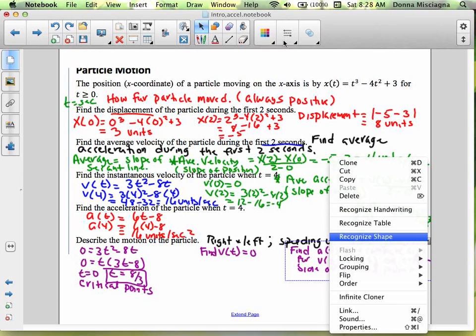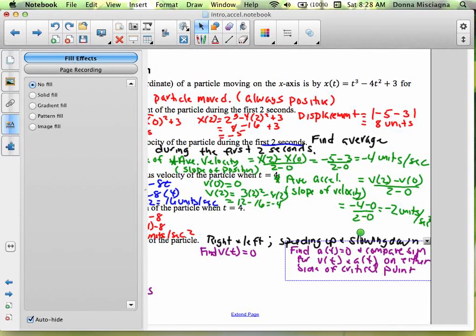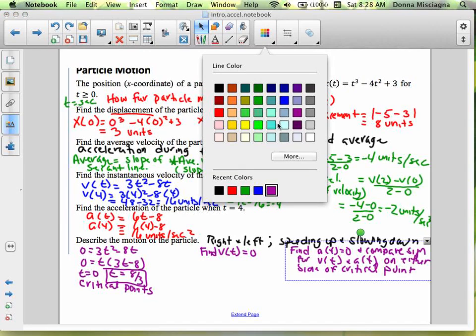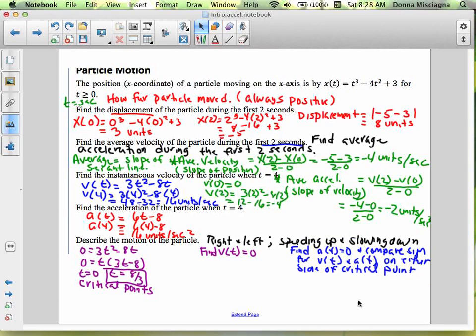Well, I can't hit it on the screen because my orientation's a bit off. Oh, I guess it's not going to change colors for me. It's all right. Actually, let's do this. There we go. Now it stands out a little bit from the solving for v of t.